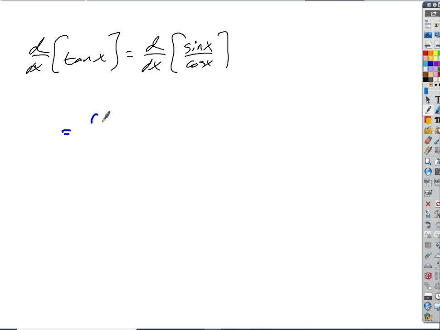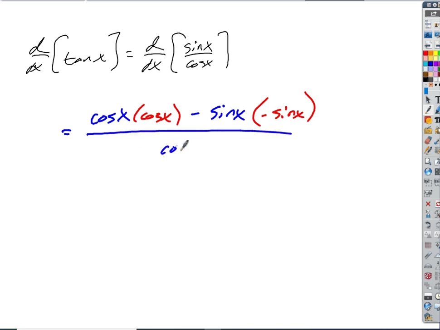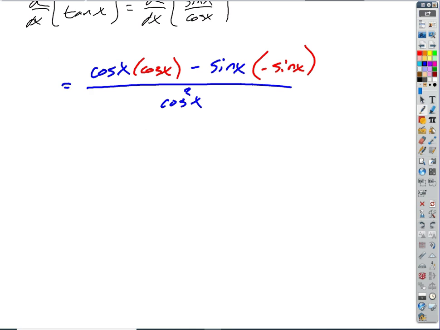Excuse me, I'm going to get low times d high, the derivative of sine, minus high, all divided by low squared. Good. So let's just simplify this then.